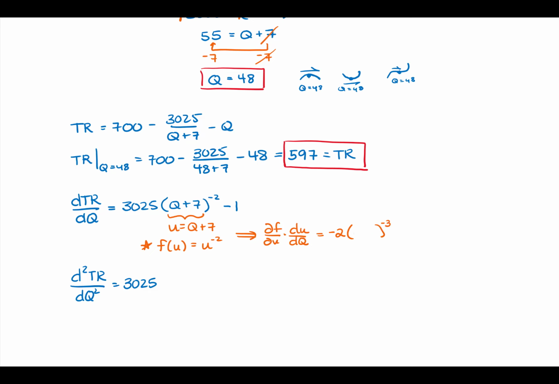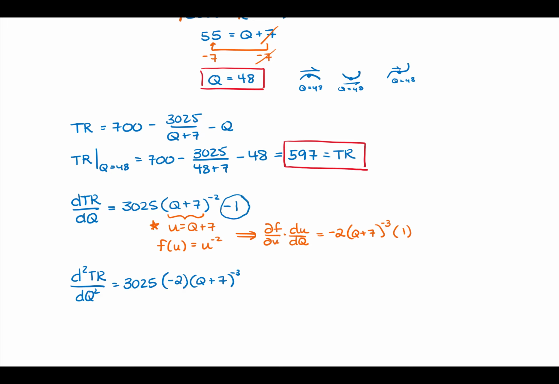Again, I'm going to substitute that u is q plus 7. So that's the first part of the chain rule. Now the second part, du by dq. For that, the derivative is simply 1 in this case. So putting that together under my second derivative here, I have negative 2 times (q plus 7) to the power of negative 3.